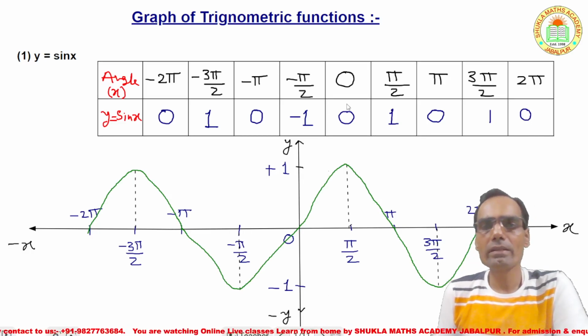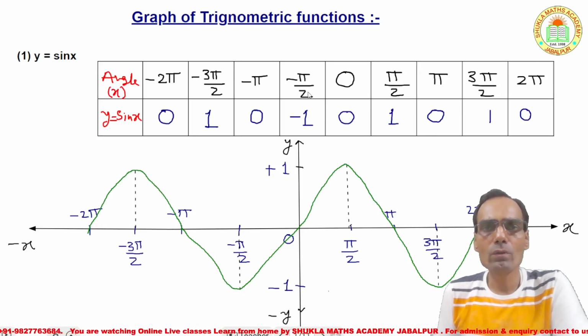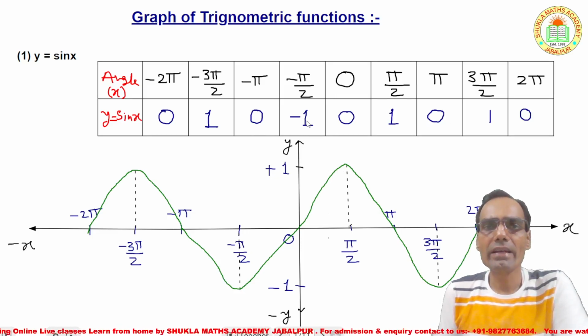Right. Similarly, on the negative side, when we put the value of angle minus pi by 2, sine minus pi by 2 will be minus 1, because sine of minus theta is minus sine theta, and sine 90 is 1 and minus is common, so minus 1, right?